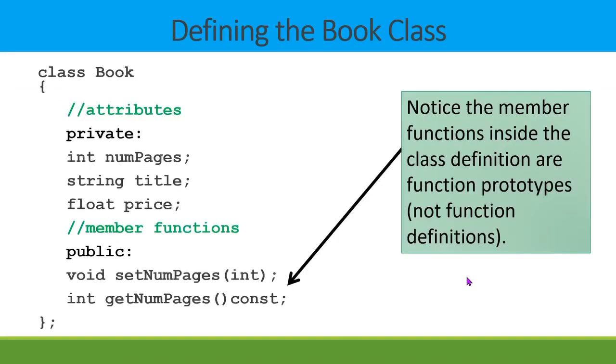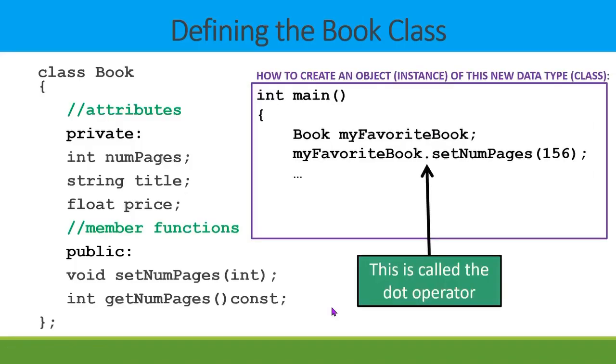Here is a class declaration for the book class. I have data members or attributes, and I have member functions. Notice that the member functions are function prototypes, not actual function definitions. After I define this class, I can then create an object or an instance of the class in my outside code.